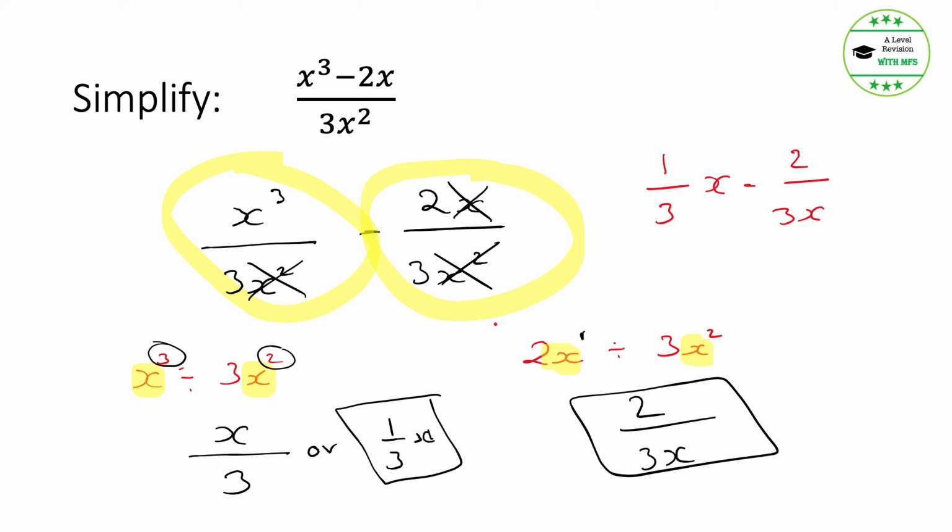Now bear in mind, you can't write 2/3 x because 2/3 x is different to 2/(3x). 2/3 x is like saying 2x/3. So make sure you have the x at the bottom in this case. You can only place the x in a position like this when the x is on the numerator. So this would be our answer.